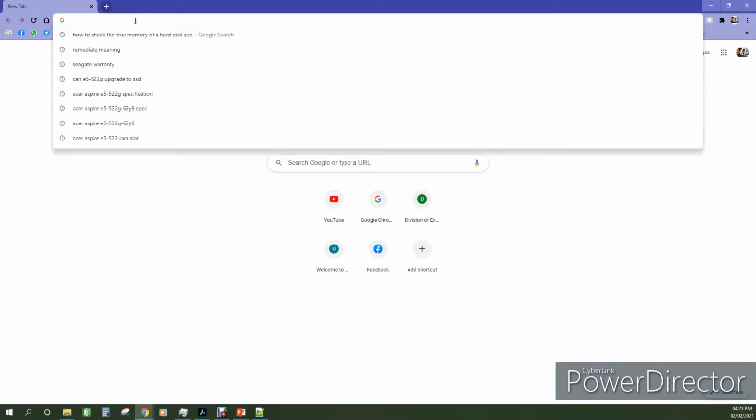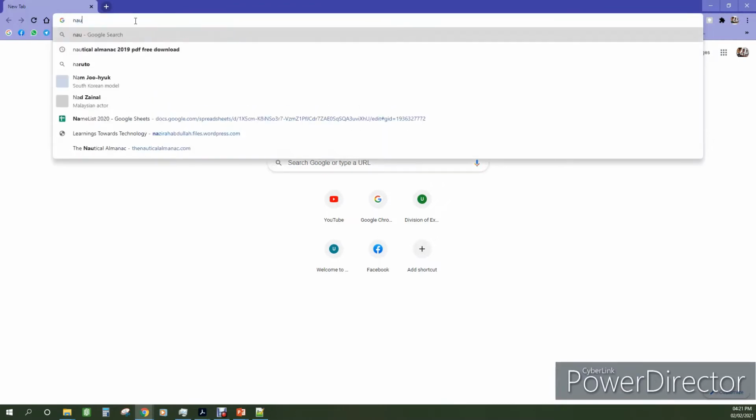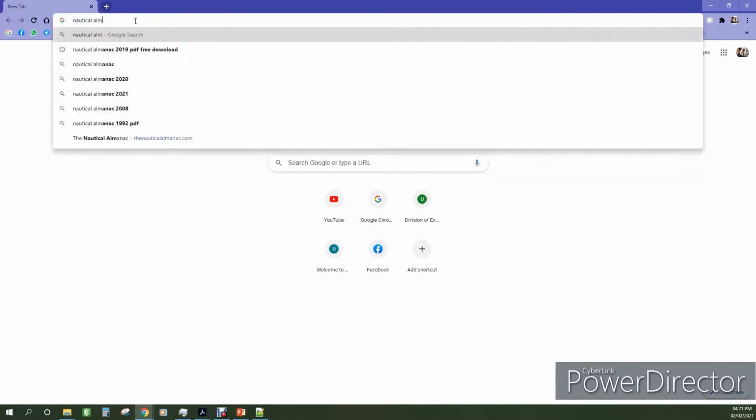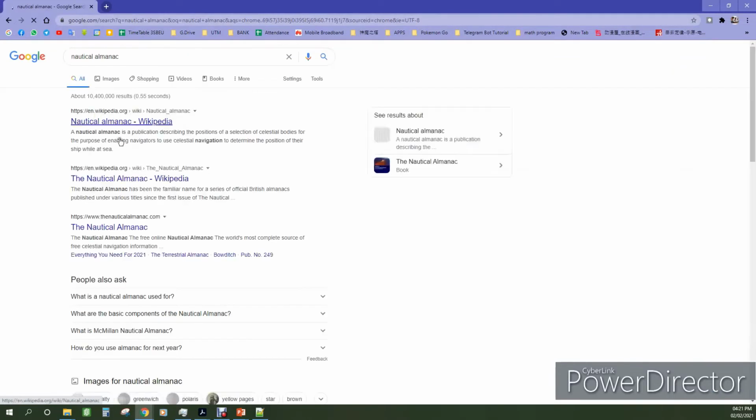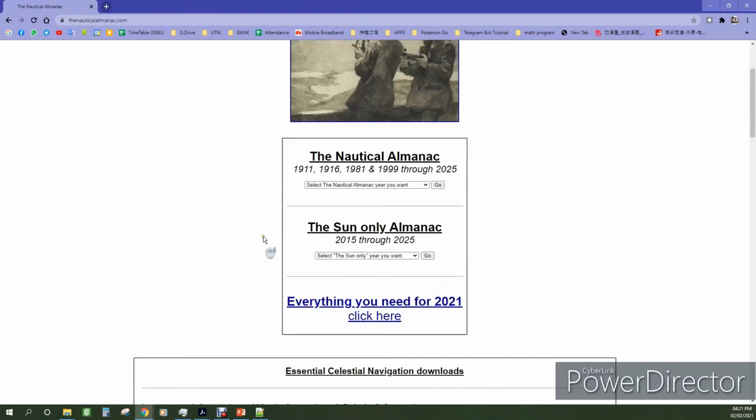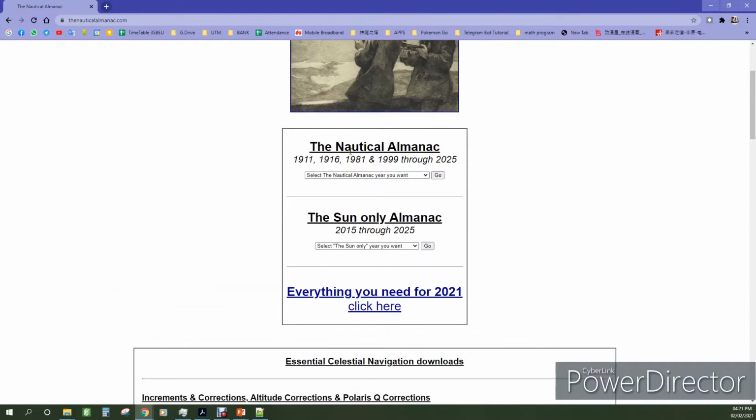For the almanac, you can search in Google by typing nautical almanac and pressing enter. Then go to this website, nauticalalmanac.com, and we search for the year of almanac we need. For this, we can search for the nautical almanac, or you can search for the sun almanac only.